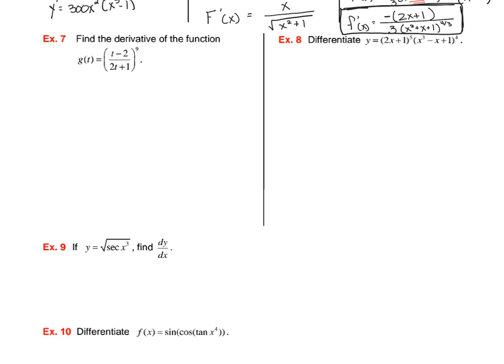In the quotient rule, we have an outside function that is the 9, and we have the inside quotient rule as the inside function.